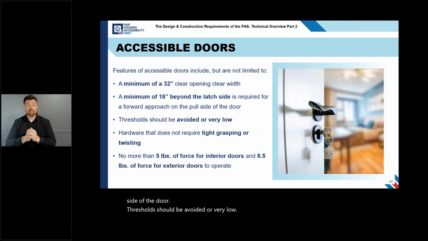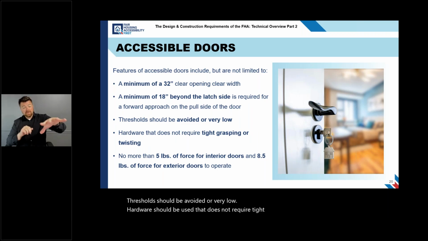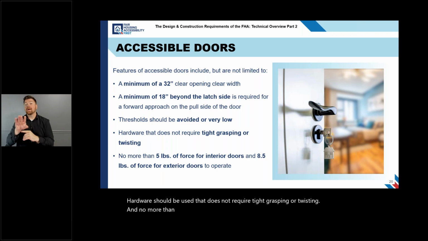Hardware should be used that does not require tight grasping or twisting, and no more than 5 pounds of force for interior doors and 8.5 pounds of force for exterior doors to operate.